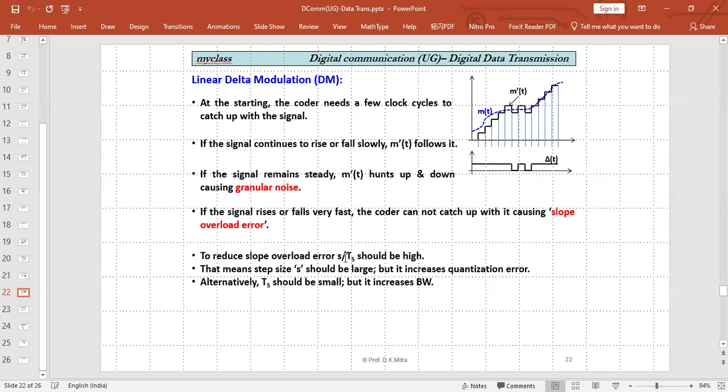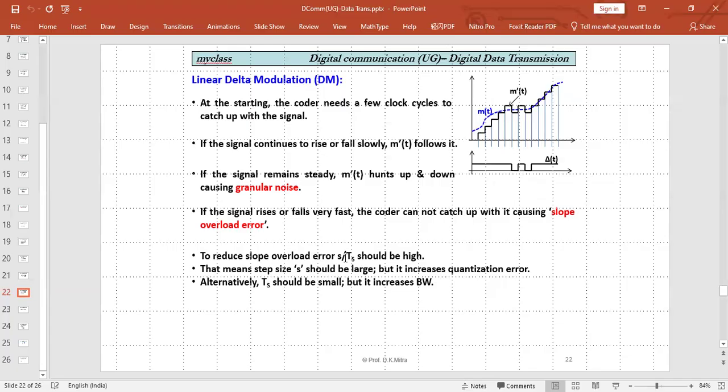Anyway, what it appears is that if the signal variation is not very fast, and if the nature of signal variation is known, then you can always use this linear delta modulation, where the bit rate is very, very small, because instead of sending 8 bits, you are sending only 1 bit.